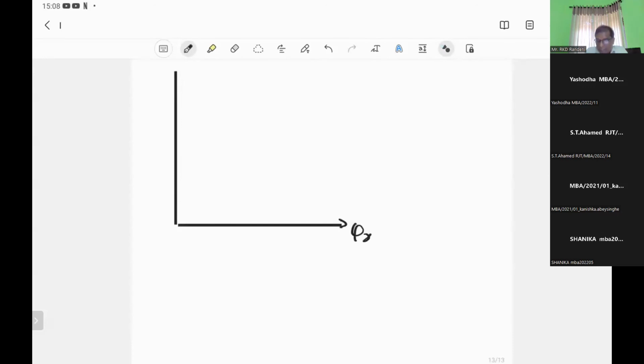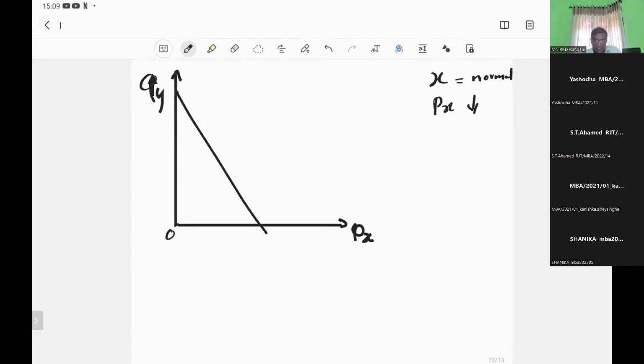Here, quantity X, quantity Y, income and substitution effect for normal goods that we are considering. Good X is normal, and price of X is reducing. Before the price change, here quantity Y. Before the price change, this is the budget line.